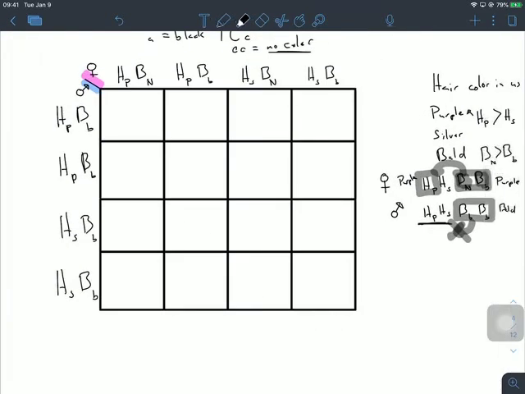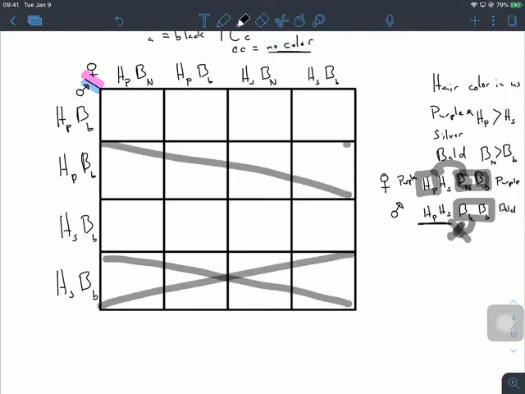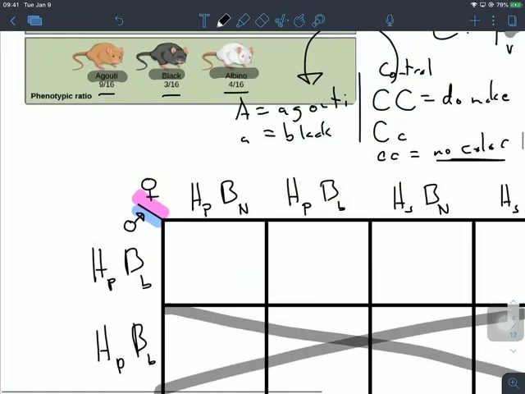Because these repeat, we don't need to fill them in, so we can expedite our writing of this Punnett square. And the ratios will simplify out. So let's go ahead and fill this in.